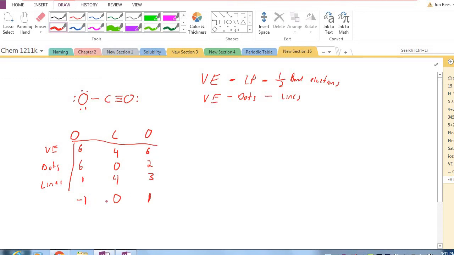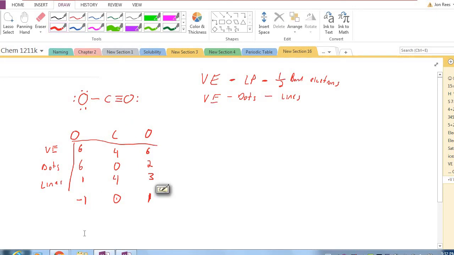Now when I add up those formal charges, regardless of whether the structure is correct or not, they need to equal the charge on the overall molecule, which in this case is 0. So -1 plus 0 plus 1 is 0. Alright, so that is the formal charge for the atoms in carbon dioxide.